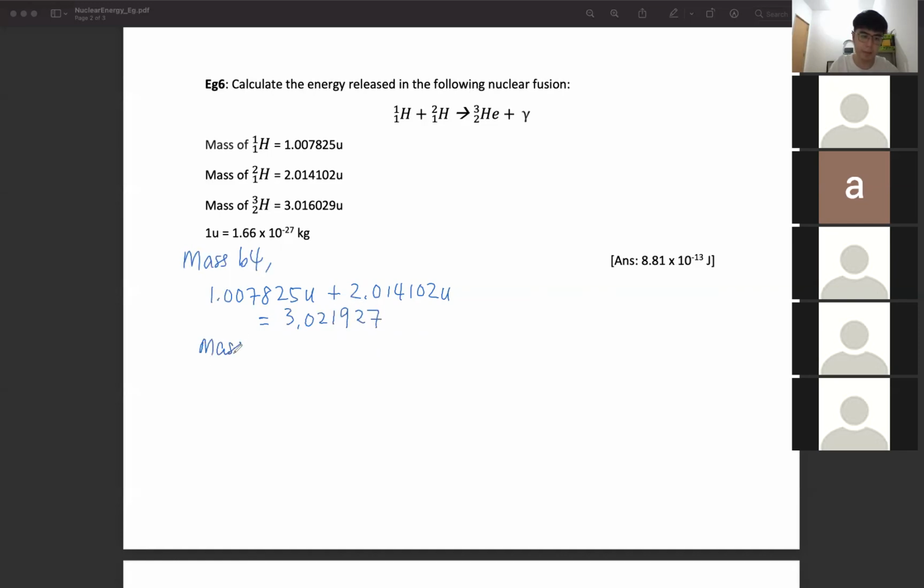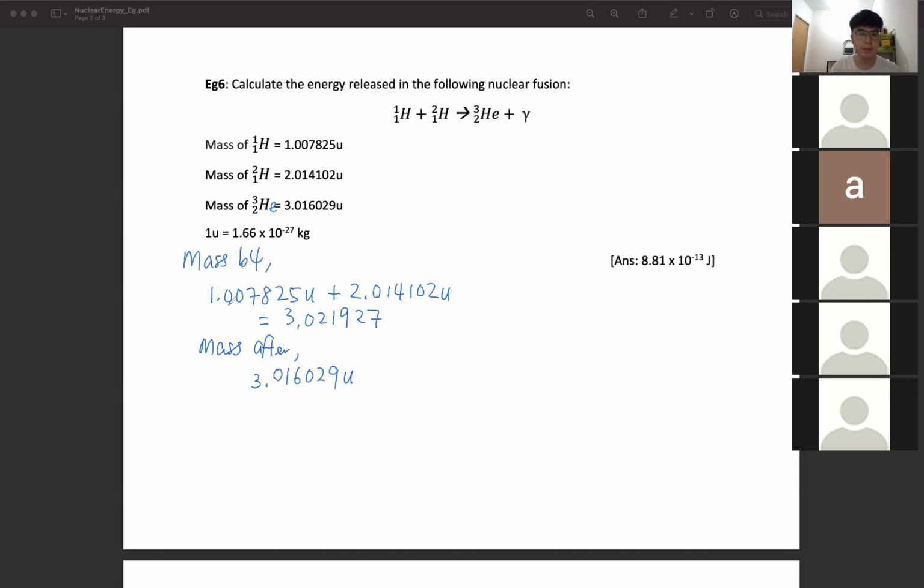And mass after is 3. Okay, there's a mistake here. This one should be He. So 3.016029 U. Mass of the helium.